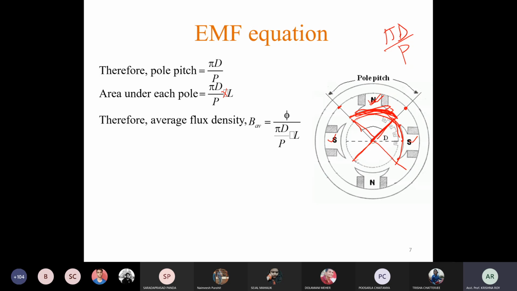So B average, that is the average flux density under each pole, is phi per unit area, so phi divided by pi d by p into L, the area under each pole, and after simplification we have p phi by pi d L. This is the average flux density along the air gap periphery, which is more or less uniform.